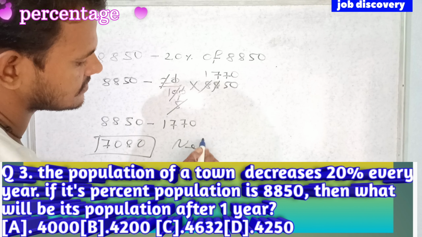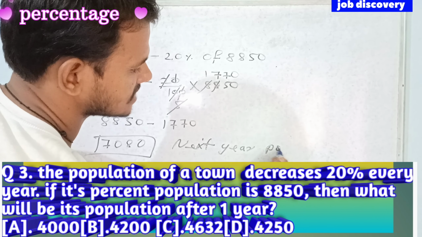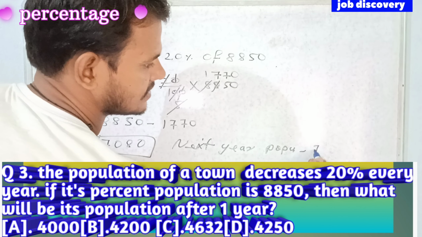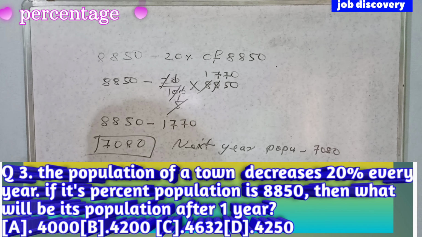Next year the population will be 7,080, right? So I think all options are wrong. Its answer is 7,080. Right? Move to next question.